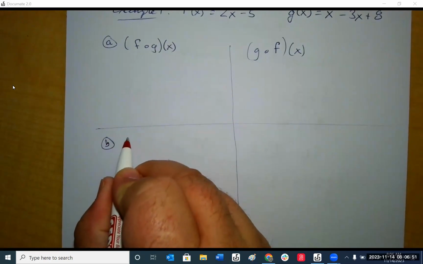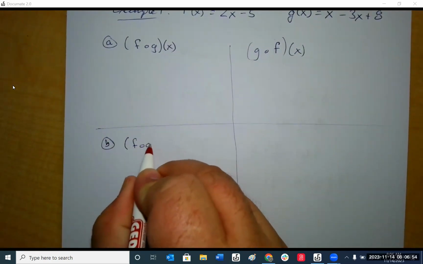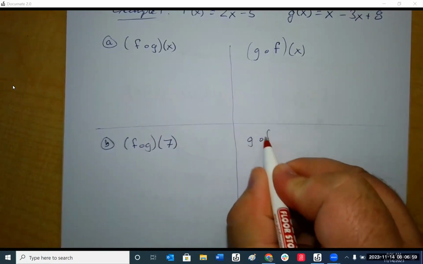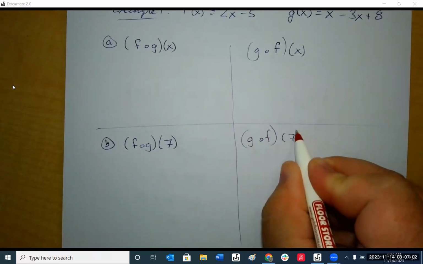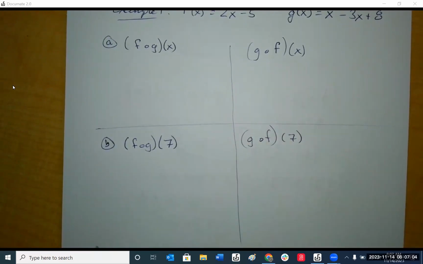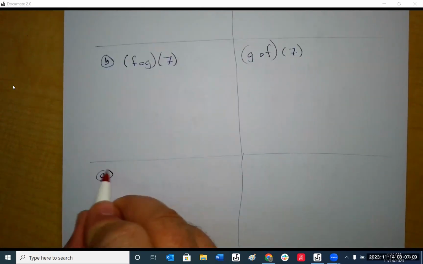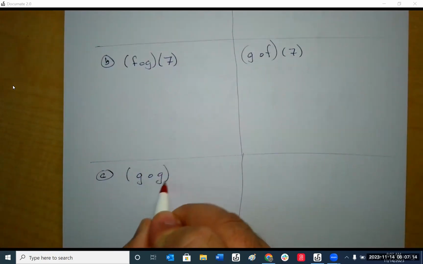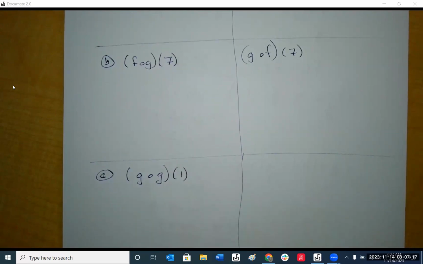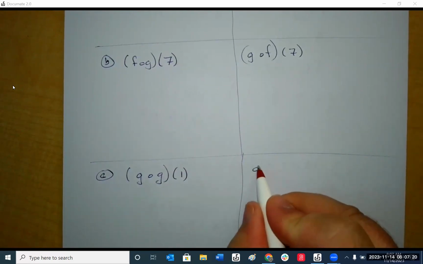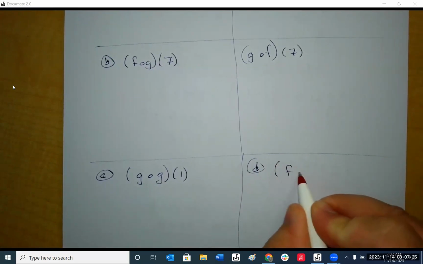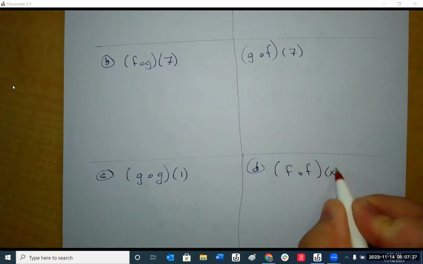Then B wants us to find the same things, but now instead of an x, we have a number: f of g of 1 and g of f of 1.